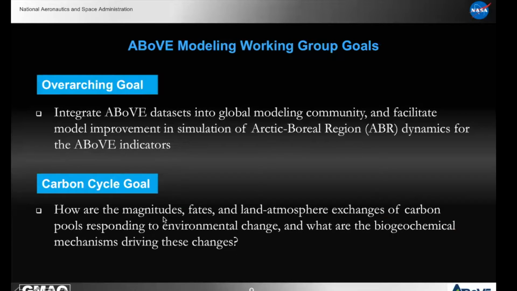This is a really broad question, painted with a very broad brush. But as I'll talk about a few slides later, how are the magnitude, fate, and land atmosphere exchange of carbon pools responding to environmental change? What are the biogeochemical mechanisms driving this change, and what will its future trajectory look like?